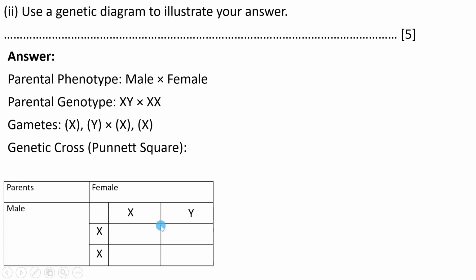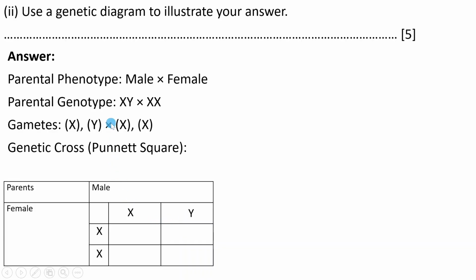Okay, there was an error here, so this one should be female, this one male. So let me correct. I've corrected: female here, male. So the female gametes will be X and X, and then the male gametes will be X and Y.